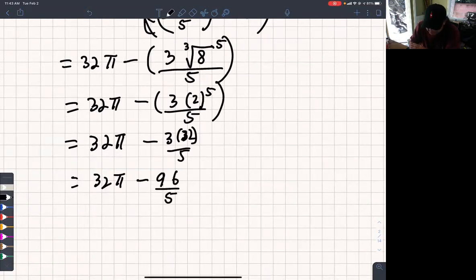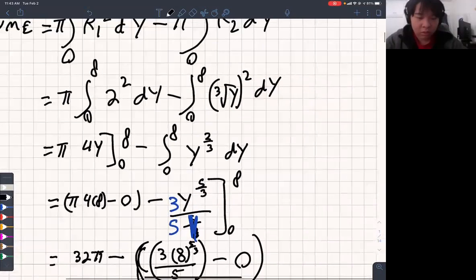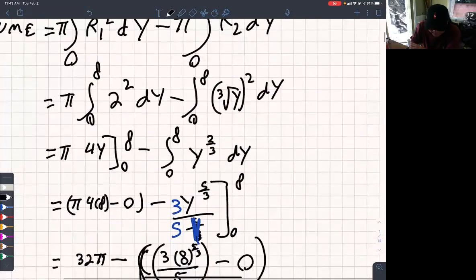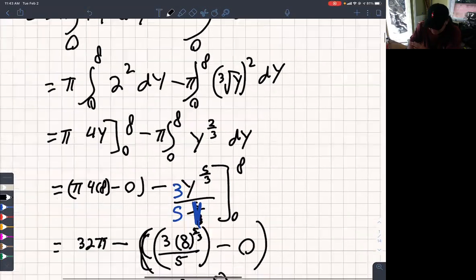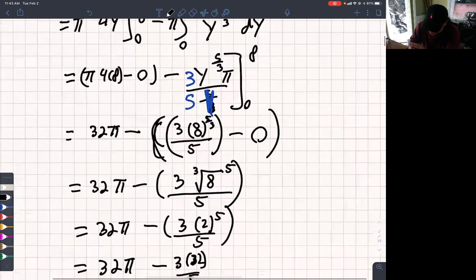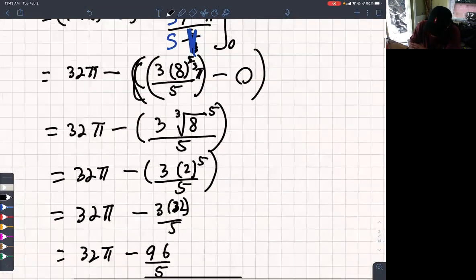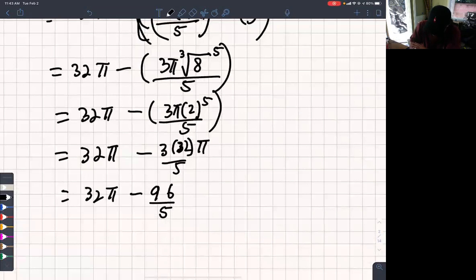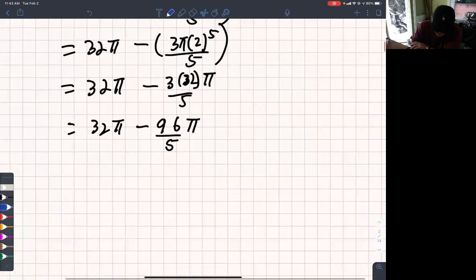I have a feeling I missed something. I did. I had a feeling it wasn't right. I forgot my pi. What a sin to forget your pi. That's like my favorite. I'm going to move the pi all over here. Okay. They got a common denominator. We need a common denominator of 5.